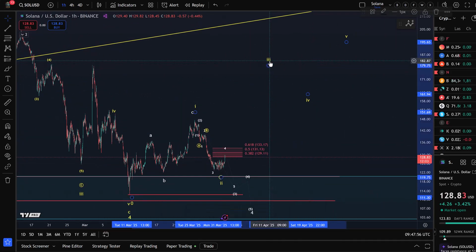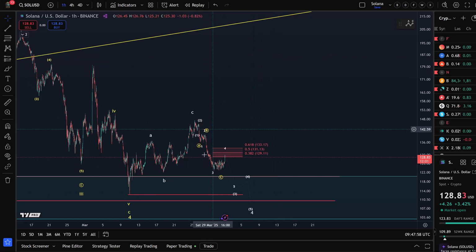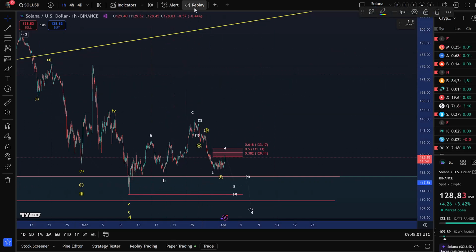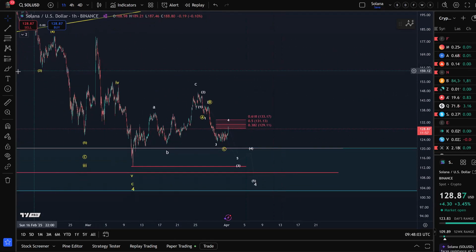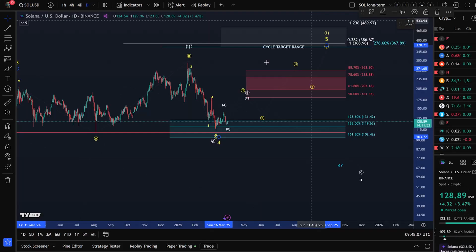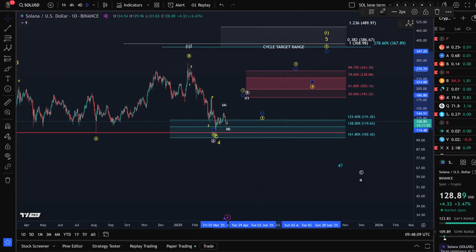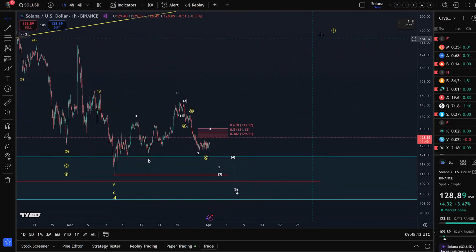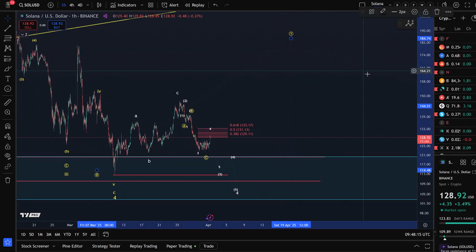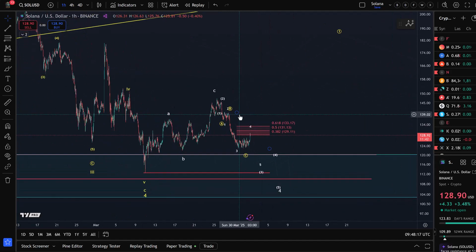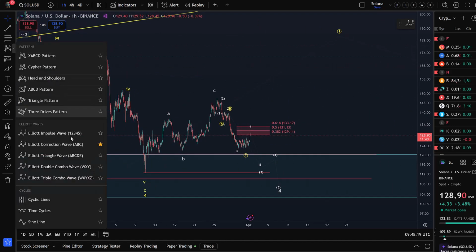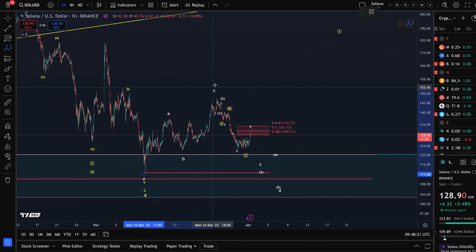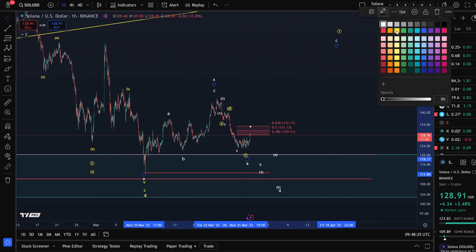What I will do on this chart now, though, is I'm going to copy that, so that we have something to watch, right? If we go higher from here, it could be A, B, C in yellow.